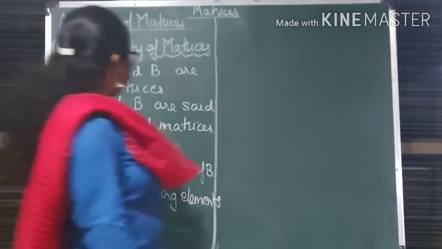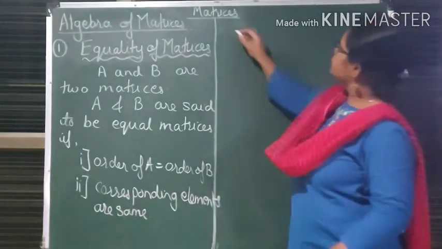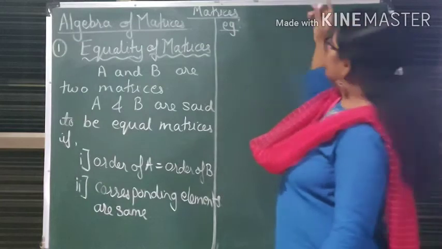Yes, so if the order of matrix A is equal to the order of matrix B and corresponding elements are the same, then we say the two matrices are equal.